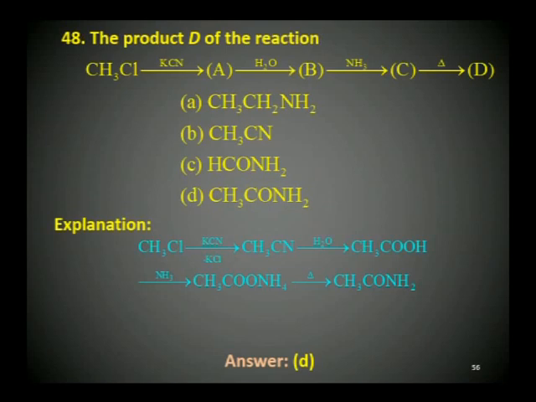Ethanoic acid, which is nothing but acetic acid, reacts with ammonia to produce ammonium acetate, CH3COONH4. Ammonium acetate, when heated, loses a water molecule and produces CH3CONH2, which is called acetamide. So acetamide is the final product produced here. So that is why D is the correct option.